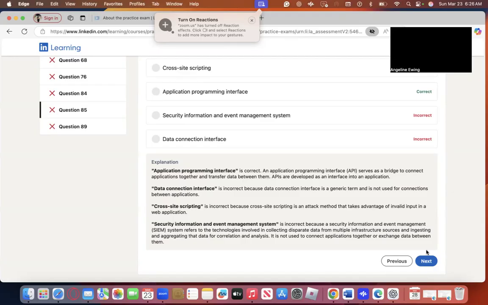Finally, security information and event management, SIEM, system is also incorrect because it refers to the technologies involved in collecting disparate data from multiple infrastructure sources and ingesting and aggregating that data for correlations and analysis. It is not used to connect applications together or exchange data between them.